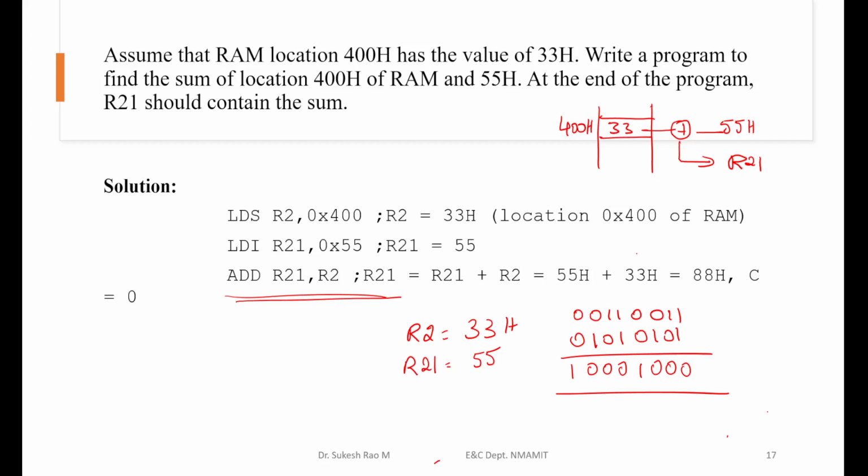If you look at this, the zero flag is 0, the carry flag is 0. What about auxiliary carry? Is there any carry over from this position? No, so H is also 0. That's how you decide. This is how this program is written.